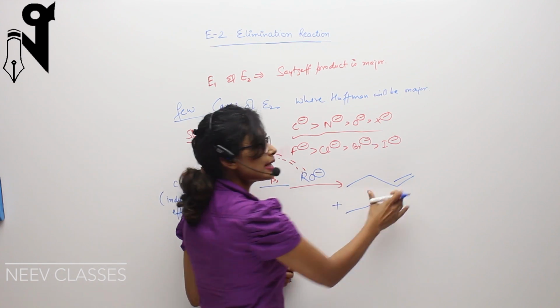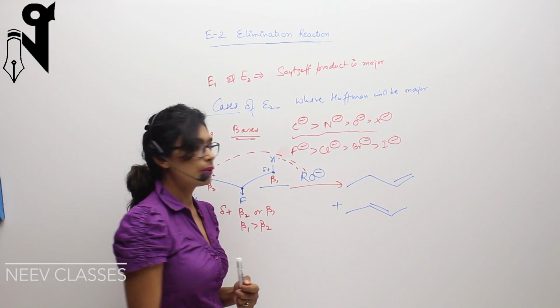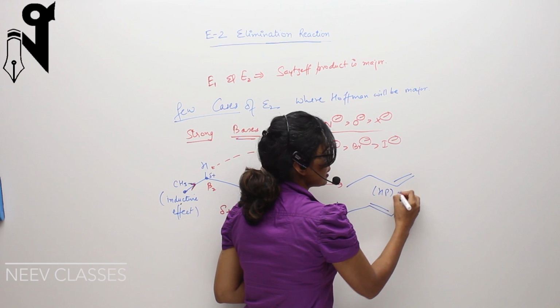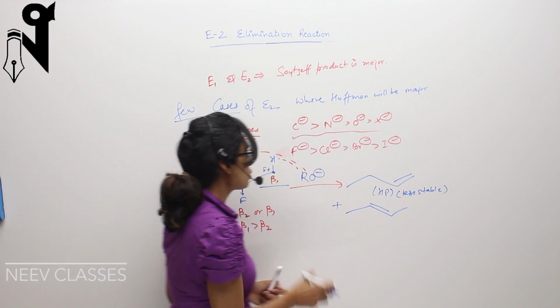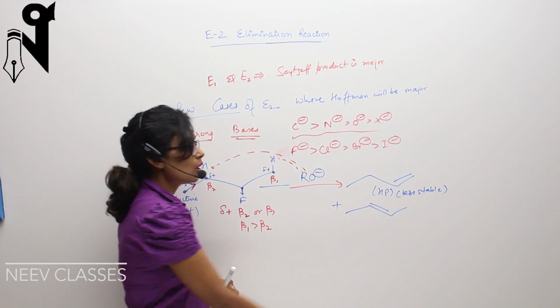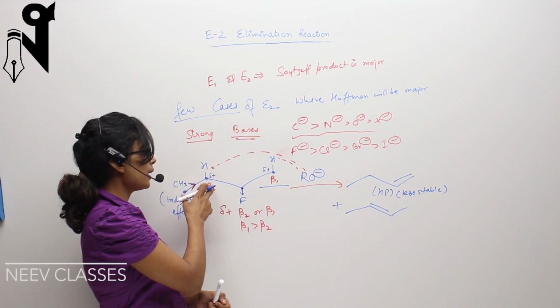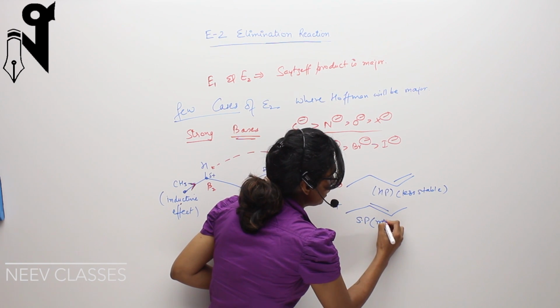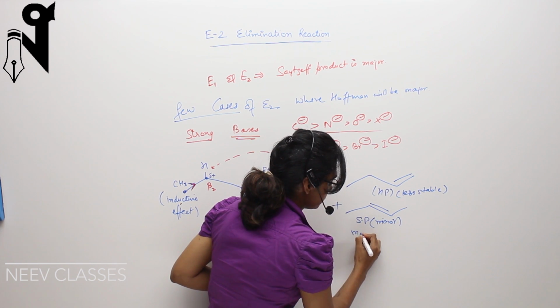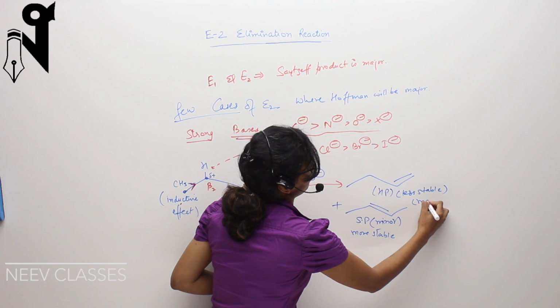So even though this is a less stable product, this is a Hoffman product, still the rate of formation of this will be faster as compared to this product. So this will be the Sn2 product, and this will be minor but more stable, and this will be major.